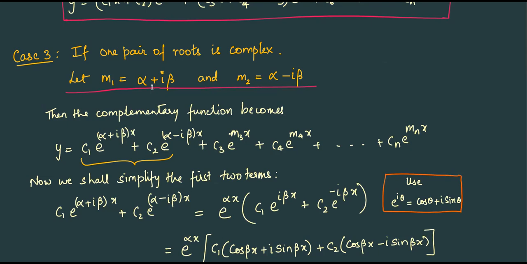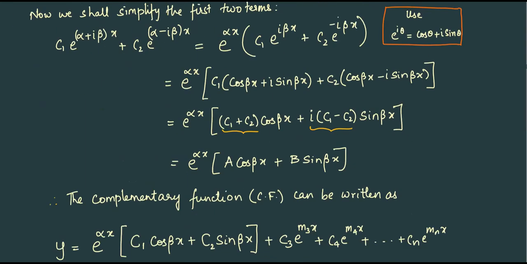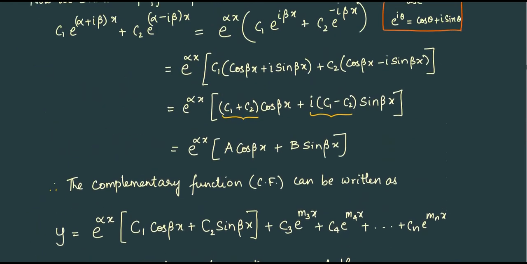So if alpha plus i beta and alpha minus i beta are the roots, then this is the solution: e power alpha x times (a cos beta x plus b sin beta x). So we can write this as e power alpha x (c1 cos beta x plus c2 sin beta x). This will be if two roots are occurring in complex conjugate pairs.